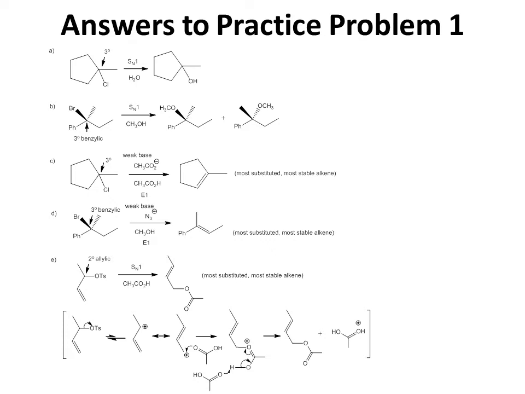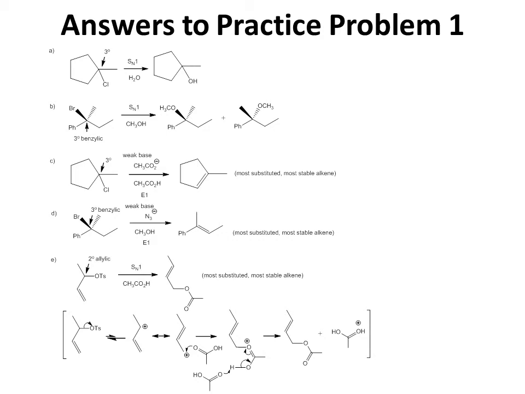Since this tertiary benzylic compound is chiral, that means that when you form the two products, you're going to get a mixture of two enantiomers, a racemate, in which CH3O from methanol will combine to either the front or the back of the carbocation, and you'll also form HBr as the inorganic product.